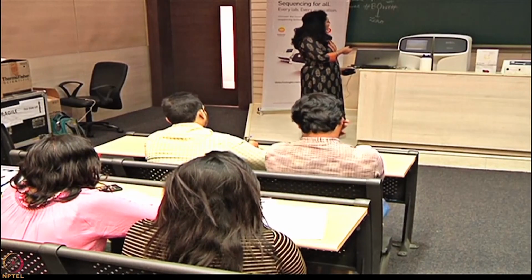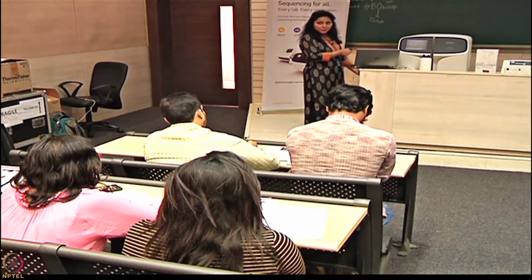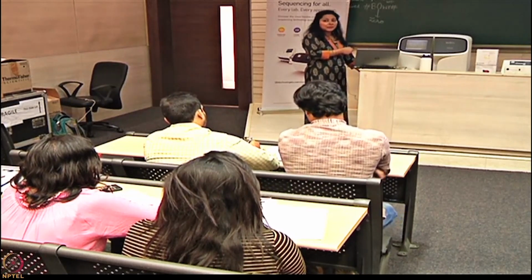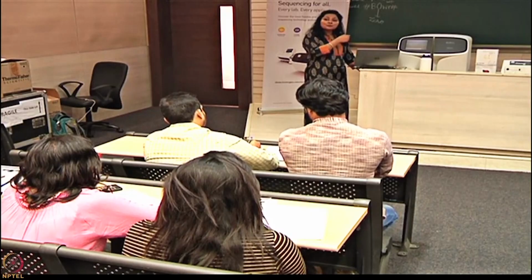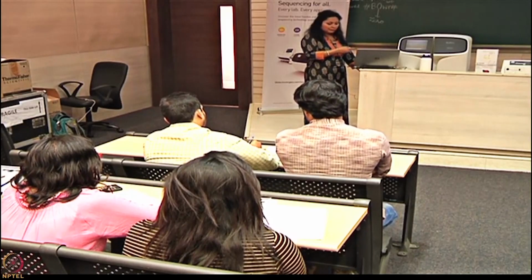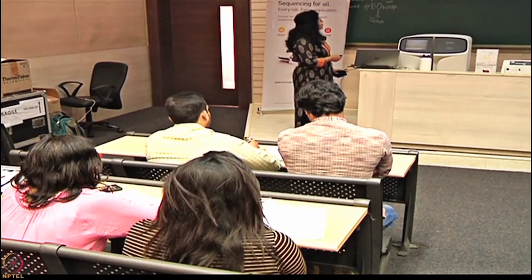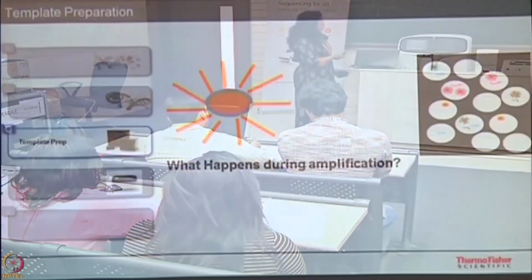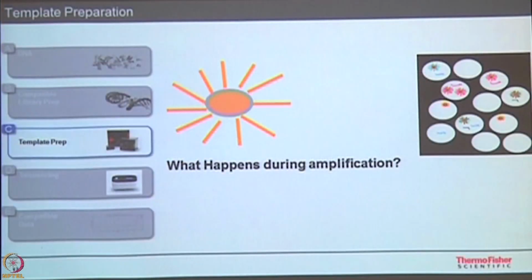So we are using this particular P1 adapter sequence for the library molecules to complementarily bind onto the ion sphere. These ion spheres are coated with oligos which are complementary to the P1 adapter.